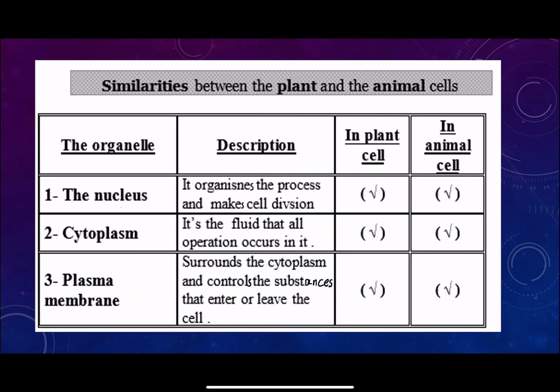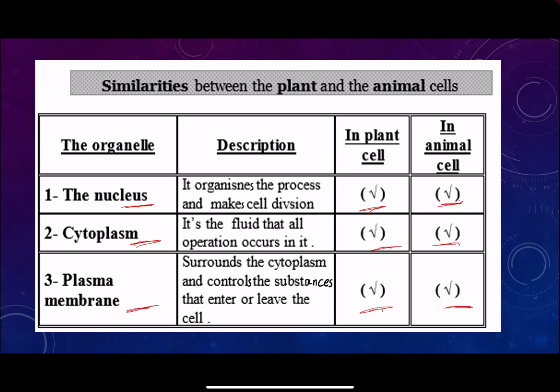Now we will describe the similarities between the plant and animal cell. Both contain nucleus, cytoplasm, and plasma membrane.